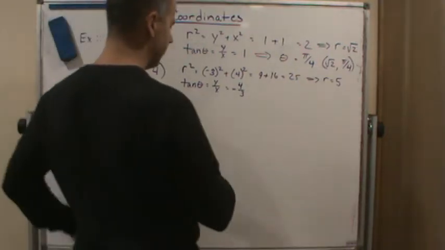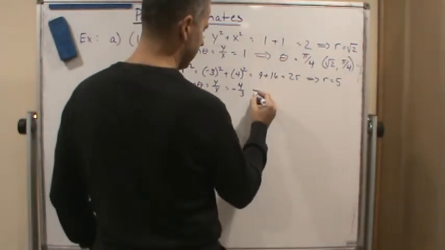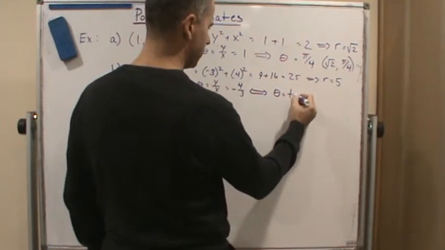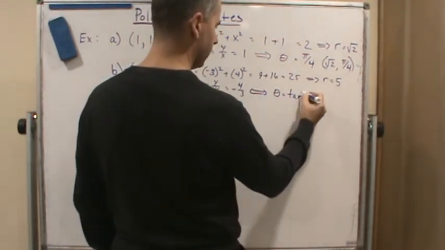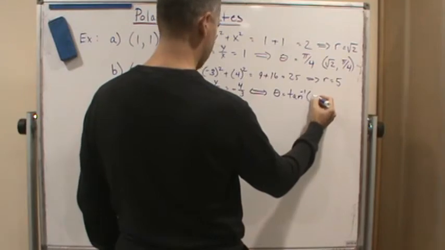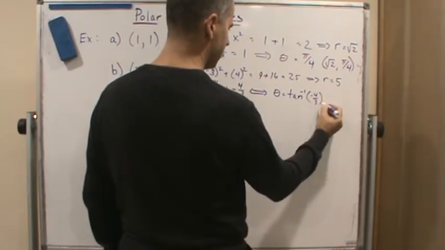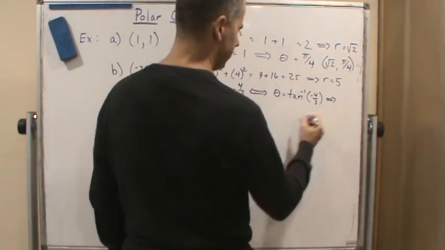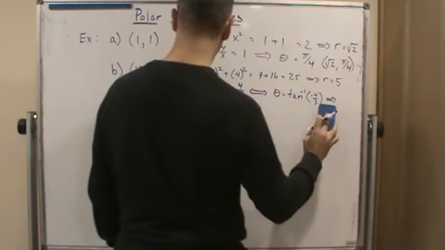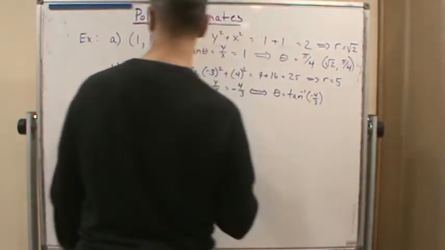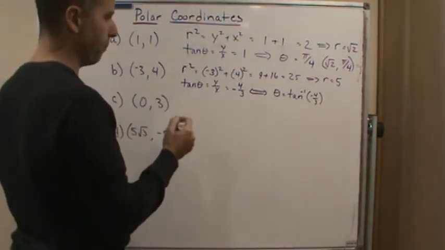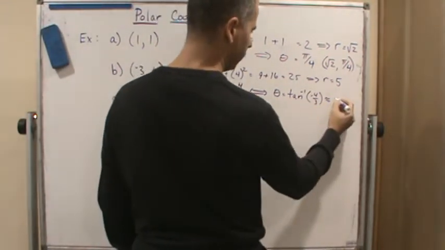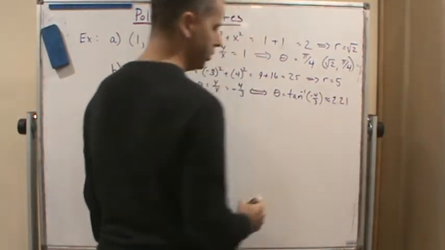So this is equivalent to theta equals tangent inverse, or the arctangent, of negative 4/3. And theta is approximately equal to 2.21.